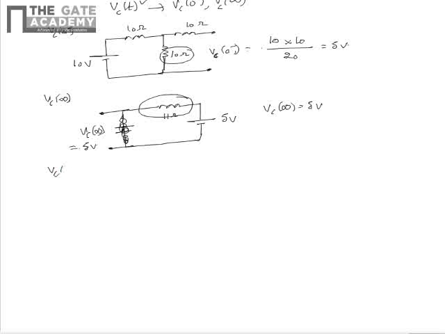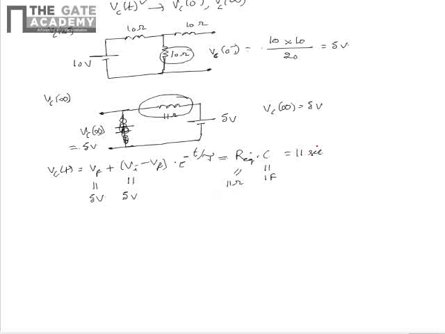We know that the voltage drop across the capacitor can be written as Vc of t is equal to Vf plus Vi minus Vf multiplied by e power minus t by tau. Here Vf is equal to Vc of infinity, which is 5 volts, and Vi is equal to Vc of 0 minus, which is 5 volts, and tau is equal to R equivalent multiplied by C. Here C is equal to 1 farad and R equivalent is the resistance as seen from the capacitor terminals, which is 11 ohms.